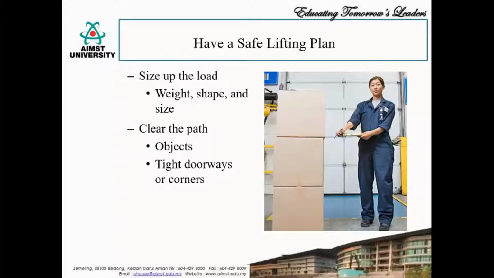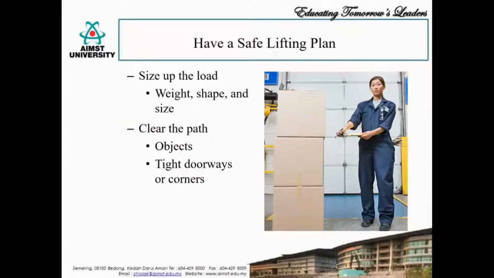Maybe the object is lightweight, with very little weight, but it is much bigger than yourself, then it will be difficult for you to lift and move in a pathway. That's why you need to see the weight, shape and size of the object.